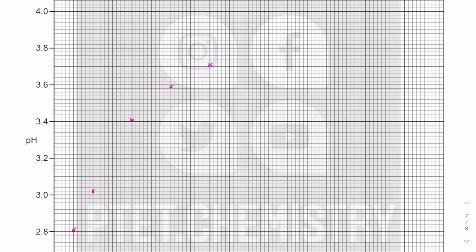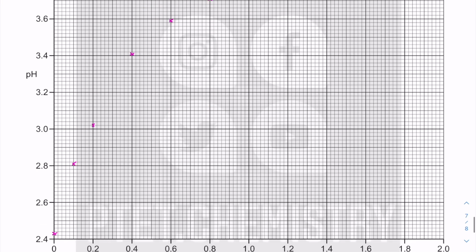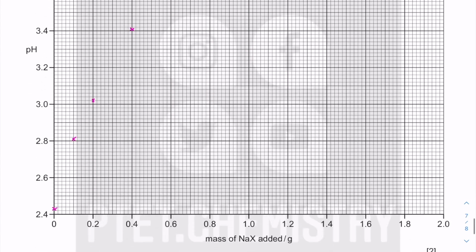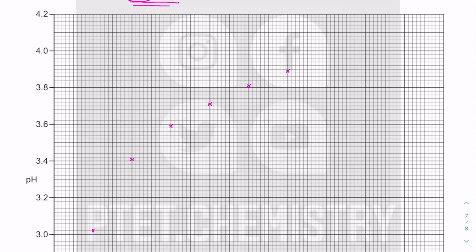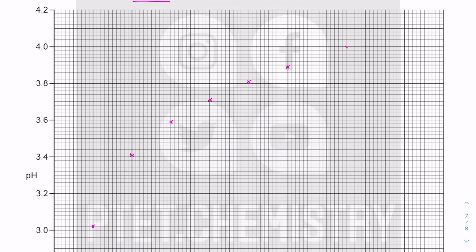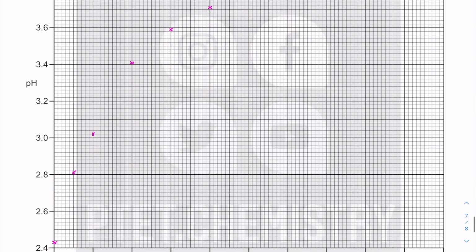One is 3.81, so 3.81 is roughly there. 1.2 is 3.89, it's roughly there. 3.99 is close to 4, so it's 1.5 and close to 4. And then 2 is 4.11.